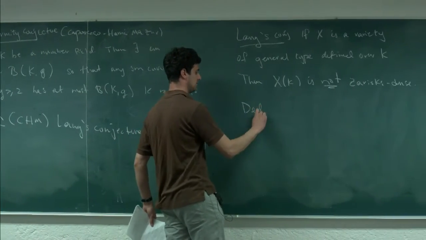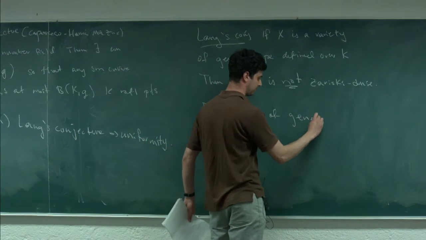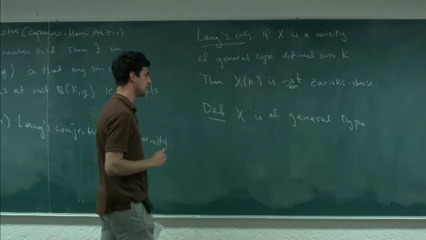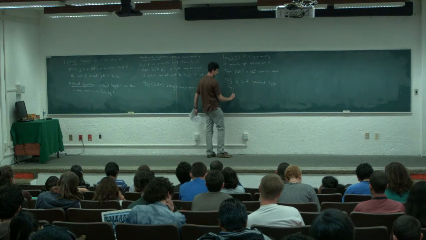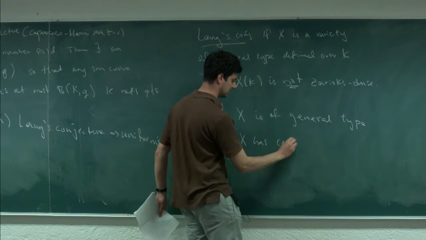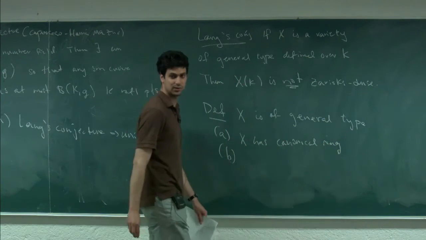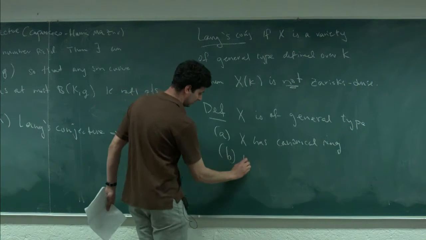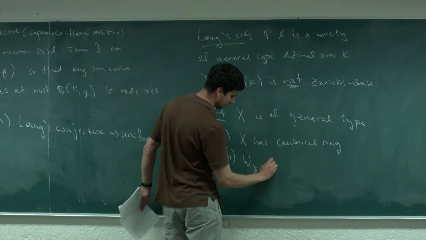So X is of general type. There are two definitions that I'm going to use that are equivalent. One is that X has canonical singularities. Okay, what this precisely means is not so important. It's just a condition that says that X has mild singularities. And we require that the canonical sheaf is big.